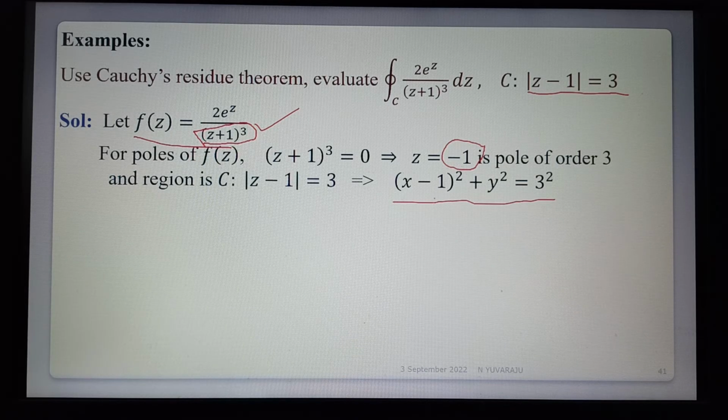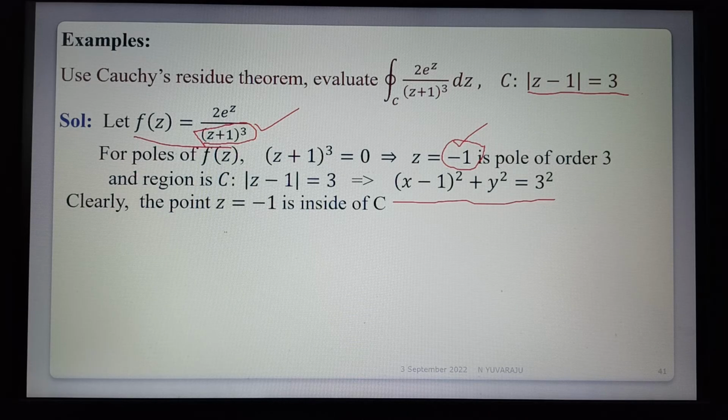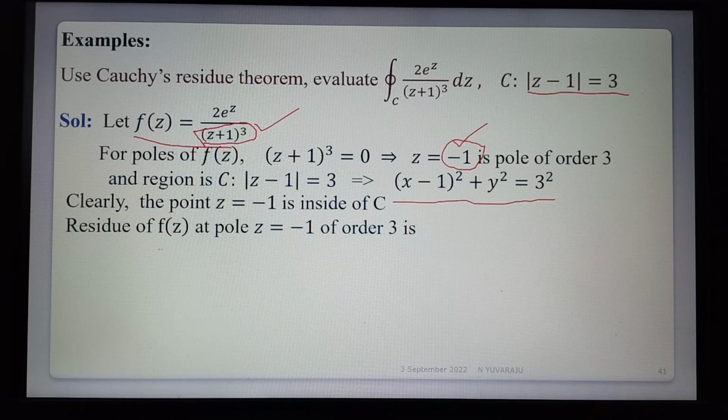Now we find the residue at minus 1 using the residue formula. Clearly the point z equal to minus 1 is inside C. So the residue of f of z at the pole z equal to minus 1.